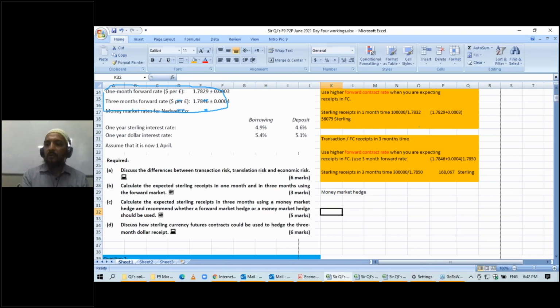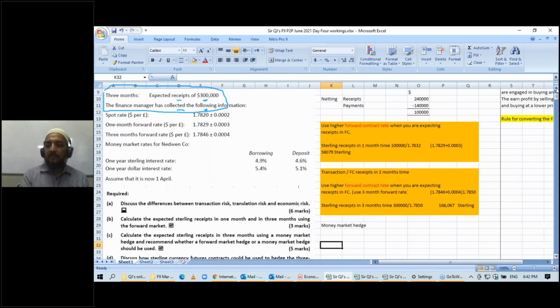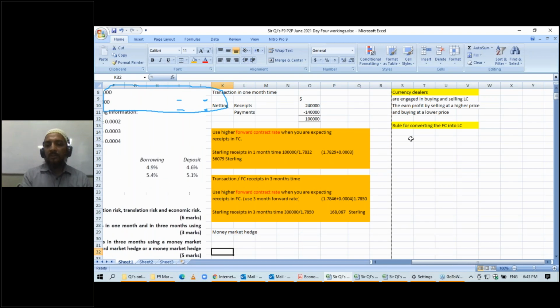Okay, now let me give you the rule as well regarding the conversion of foreign currency.